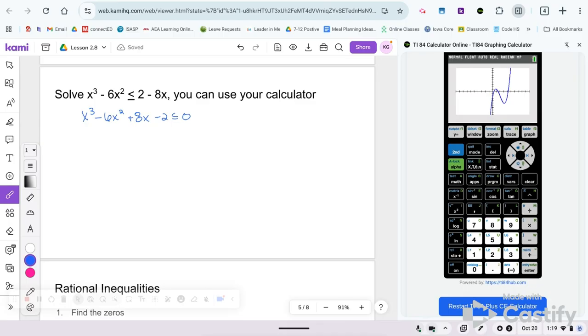Looks like my zeros are 0.32. Well, instead of writing x equals, I'm just going to do this. 0.32.